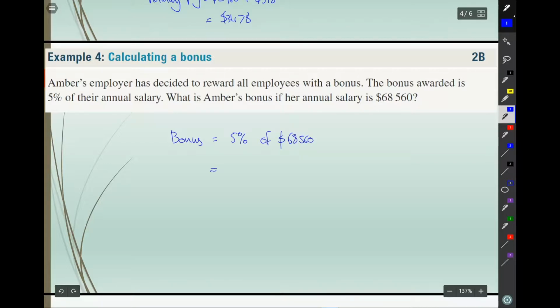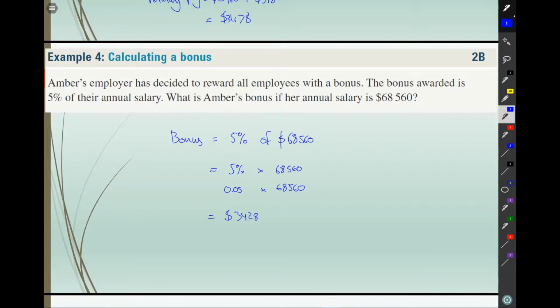Again, we put it in our calculator either like this or like this. It doesn't matter which one you use, and your calculator should spit out an answer of 3,428.